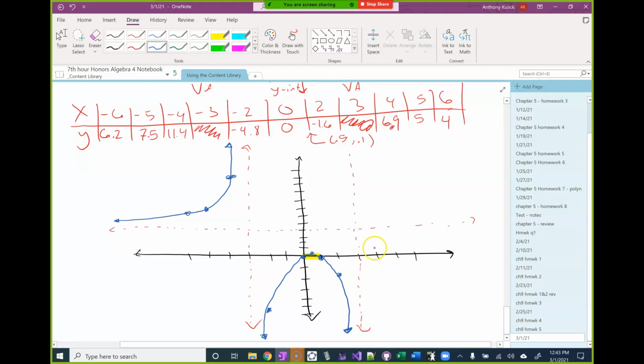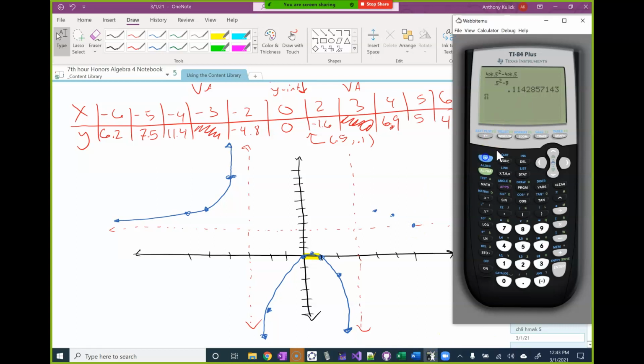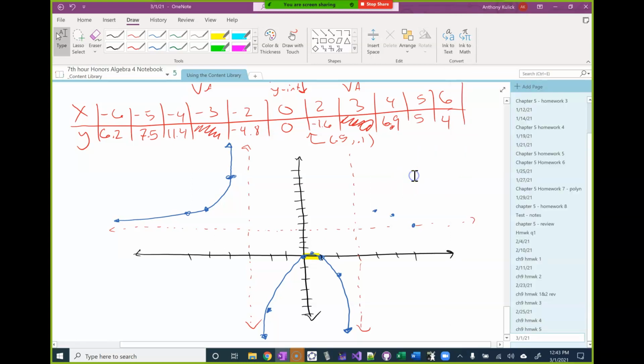And the last half. So 4, 6.9 is like there. And then 5, 5 is like there. And 6, 4 is there. What do you notice about 6, 4? Oh, 6 is 4.4. That's much better. I was really surprised by that.